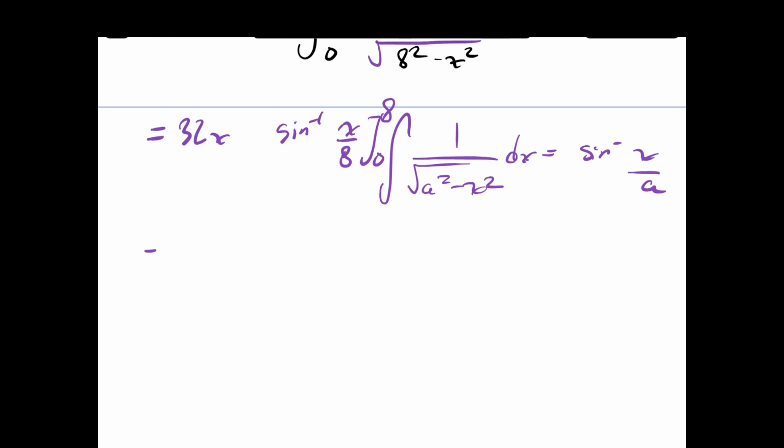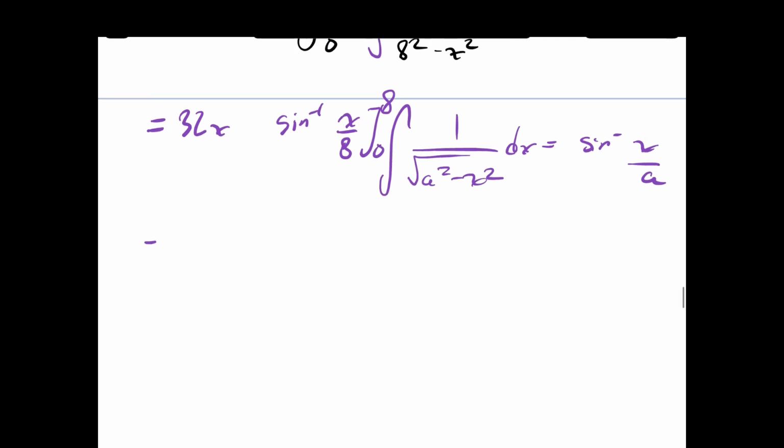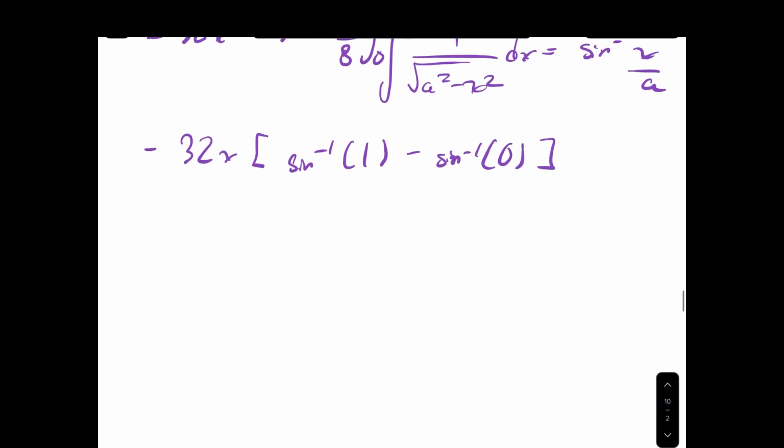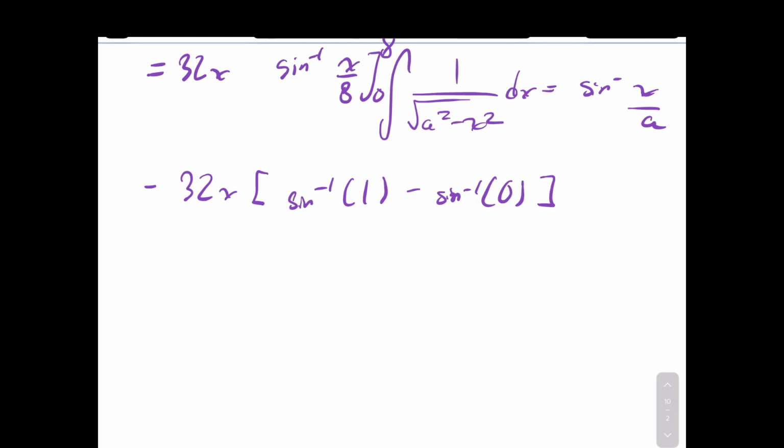Okay, let's actually do that then. 32x times inverse sine of 1 minus inverse sine of 0. Pretty sure I'm not tripping here, but yeah, okay. I gotta switch my calculator to radians.